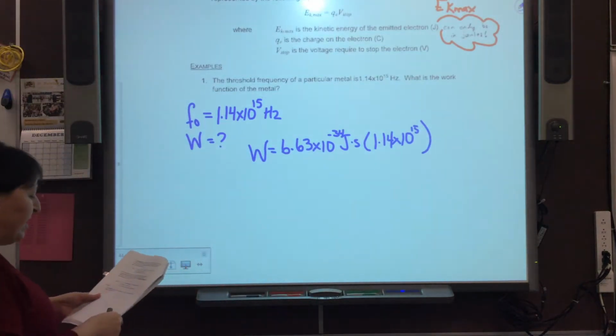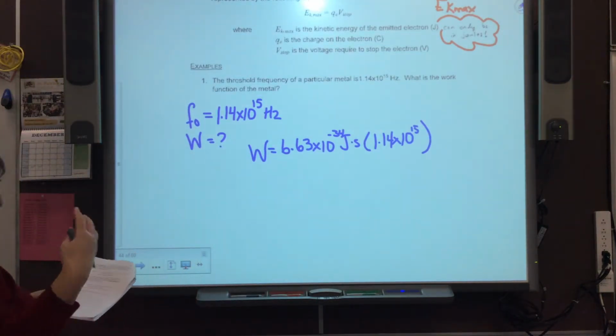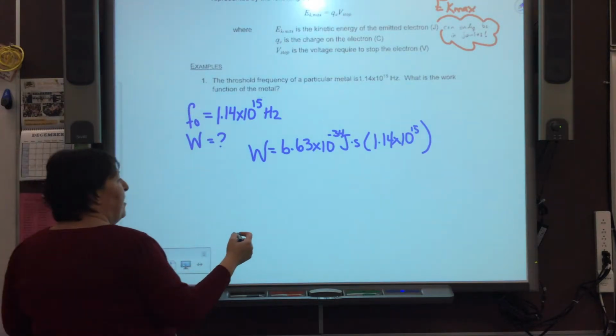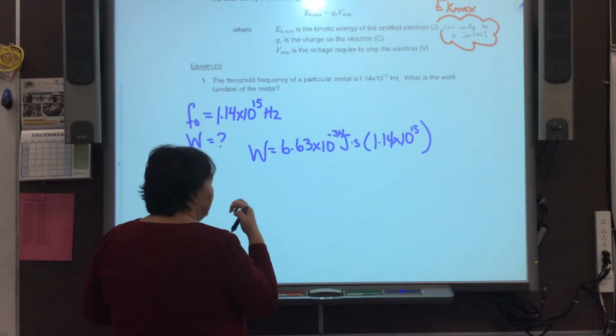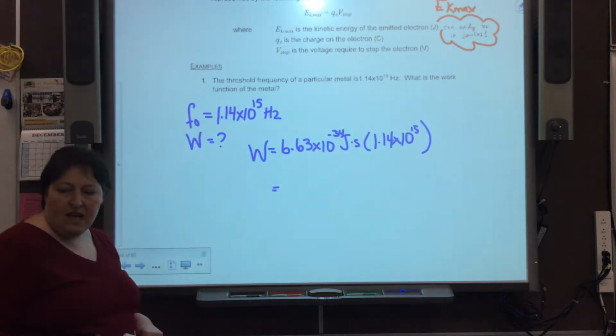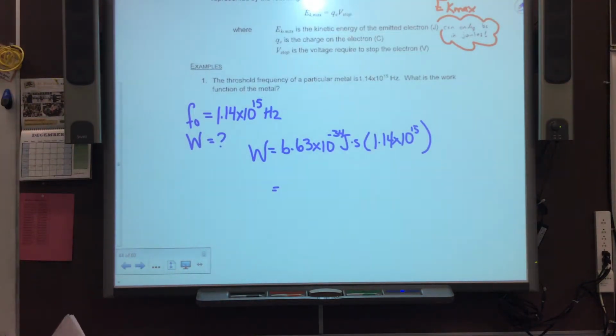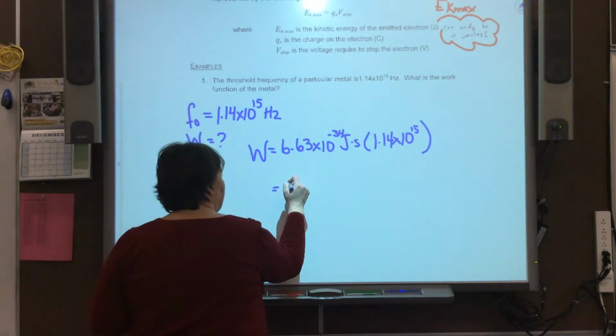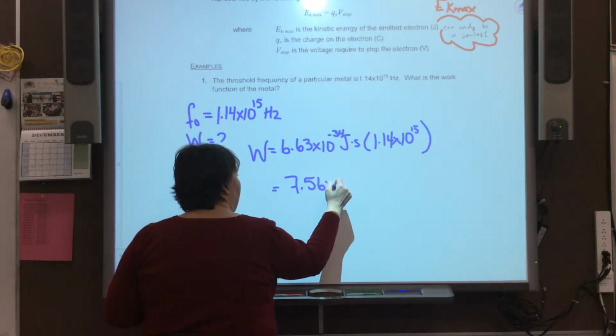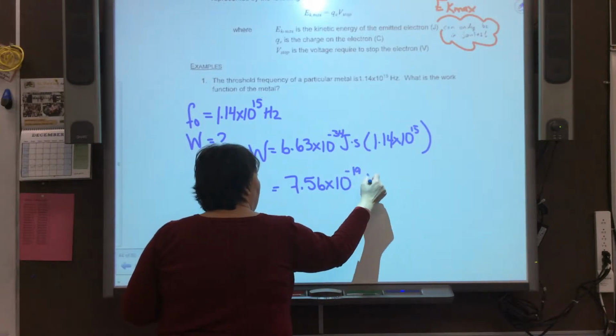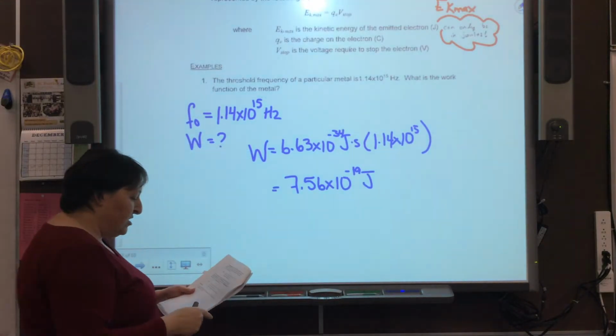So again, I arbitrarily chose 6.63. You can use 4.14 times 10 to the negative 15. And this answer here is, of course, not the one I have. 6.56 times 10 to the negative 19 joules.